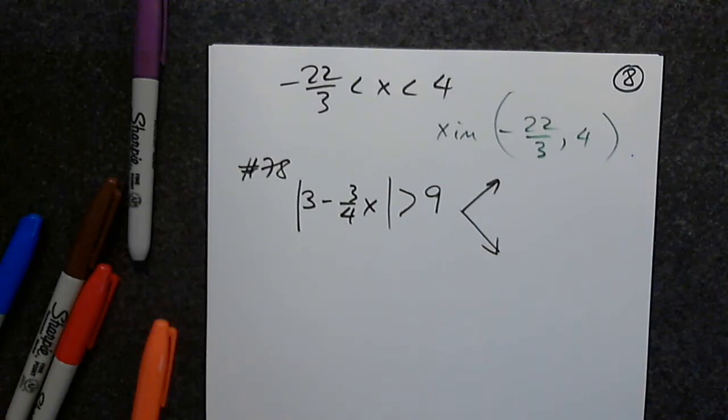So if the absolute value is on the left hand side and I have less than or equal to, it is the in between. Yes. If the absolute value is on this side and I have greater than or equal to, it is the two separate inequalities. Correct. But always keep in mind the absolute value must be on the left. Because some of the problems want to trick you. And they put 9 greater than blah, blah, blah. So you have to rearrange it like this in order to identify it correctly.